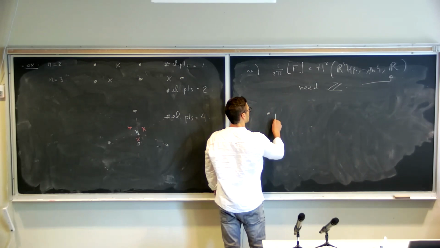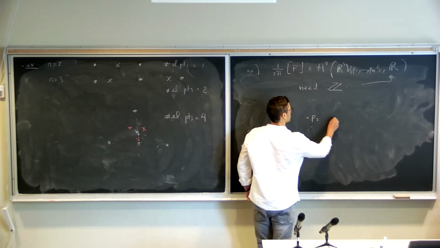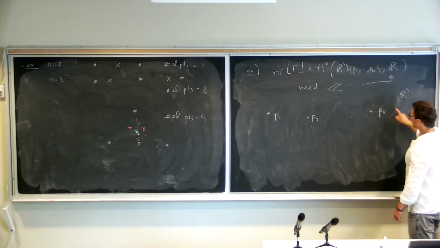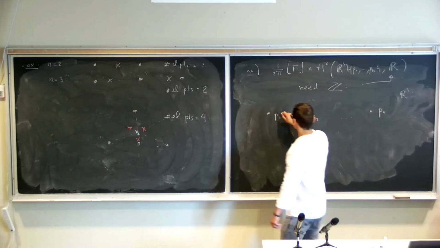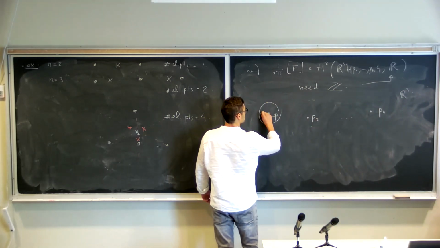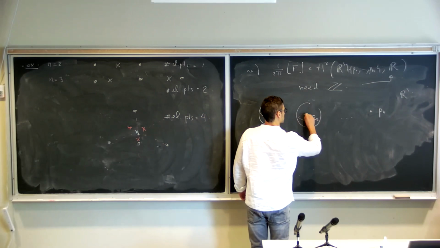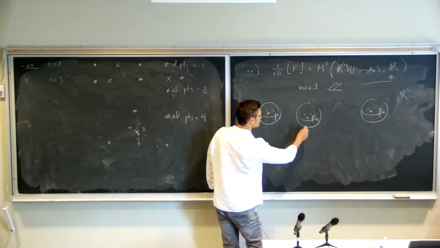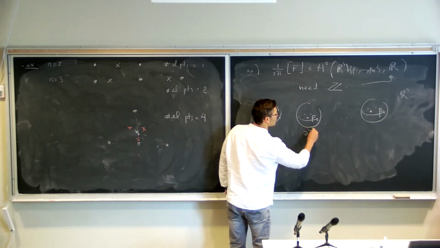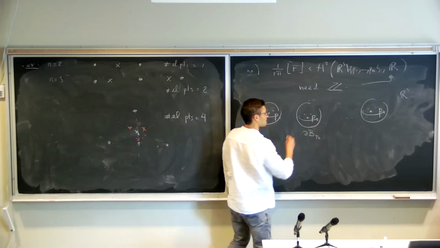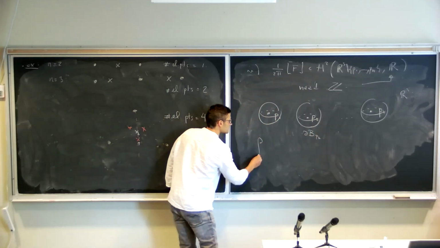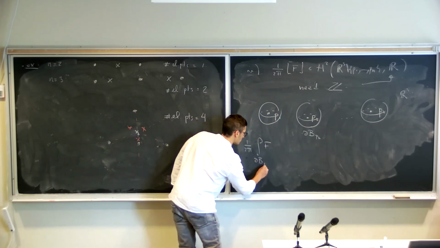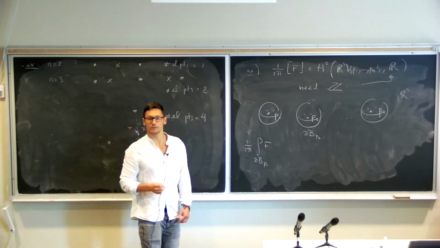So we have P1, P2, up to Pn. These are points in R3. The complement of these points, its second homology, is generated by spheres around these points. And these spheres are the boundary of three-dimensional balls around the points. So I need to integrate 1 over 2 pi F around the boundary of these balls, around this point.